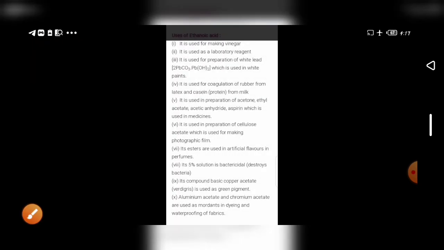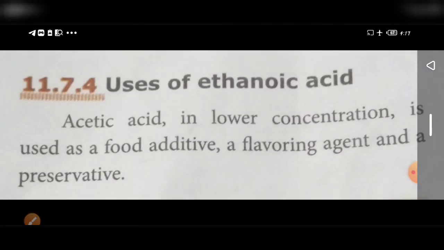Okay, next, you know very well, a lot of uses are there. In your book they have given only a little. Acetic acid in a lower concentration is used as a food additive, as a flavoring agent and a preservative. Vinegar we use for pickles to preserve them.